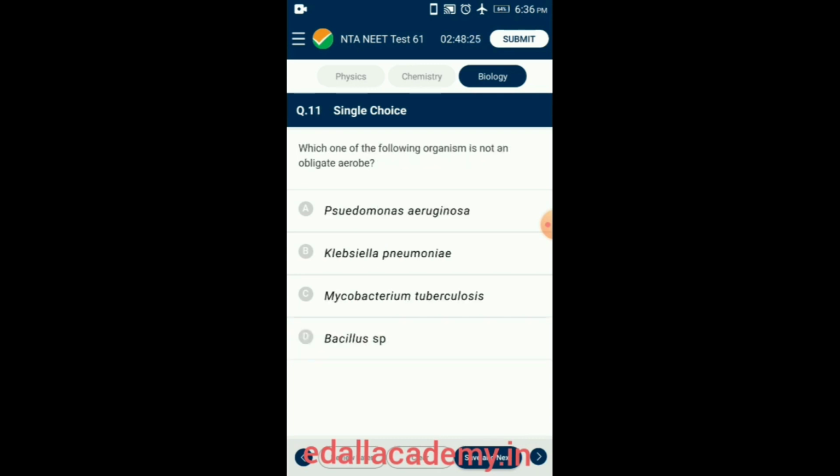Question number 11. Which one of the following organisms is not an obligate aerobe?